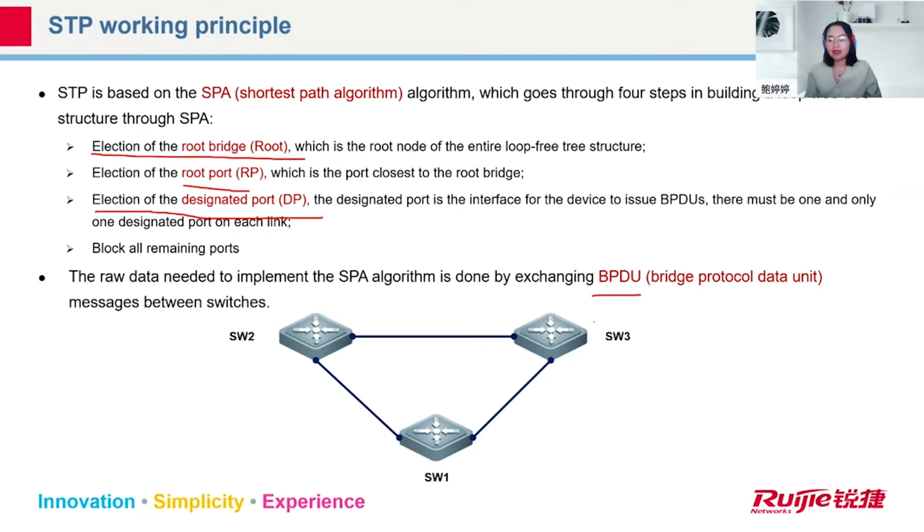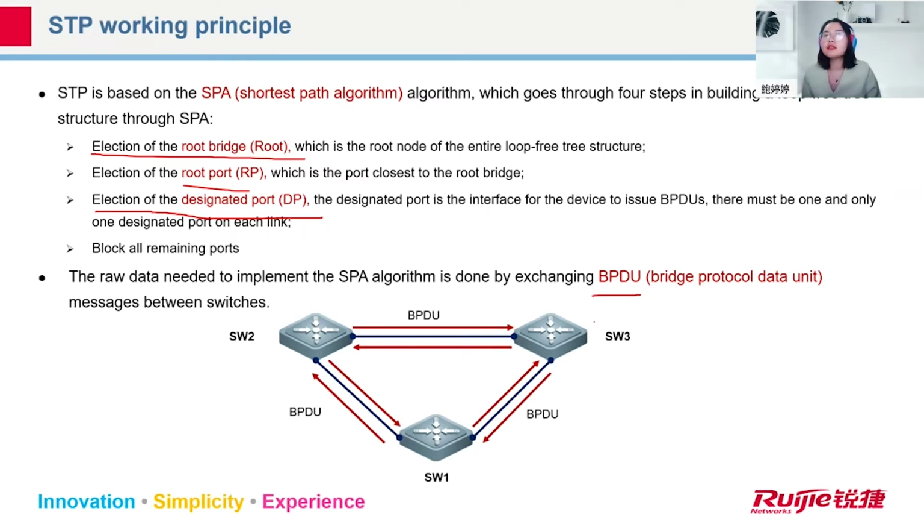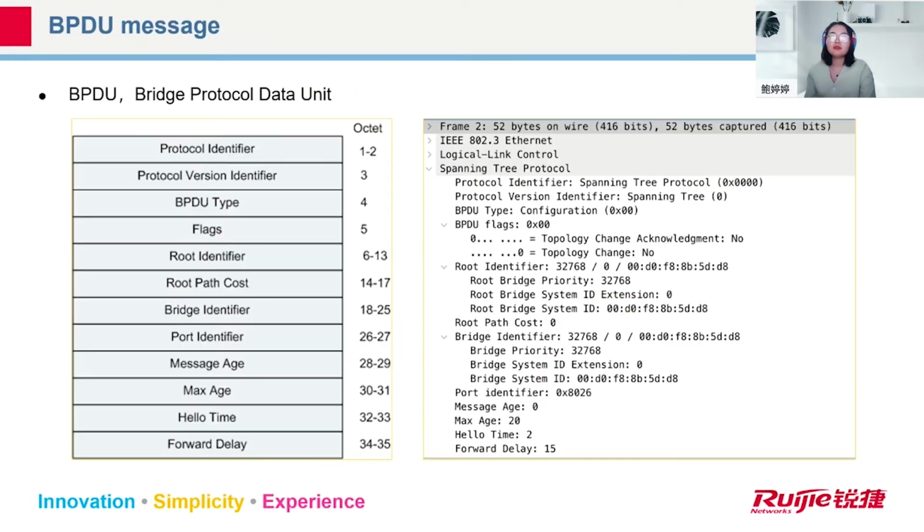After we enable the STP in our network, all the devices will send out the BPDU. And the BPDU carries all the parameters of the switch, for example, your priority, your MAC address, something like this. When I receive it, I will compare with yours and finally decide the role and the status of the interface. So this is the basic overview.